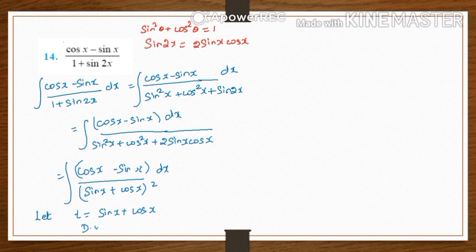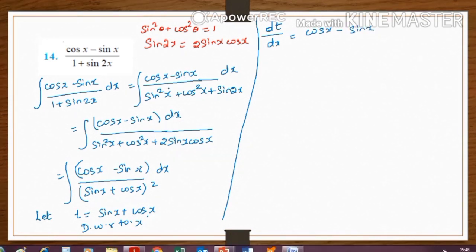Whenever we are taking a substitution, we have to differentiate. So differentiate with respect to x. So dt divided by dx is equal to the differentiation of sin x, which is cos x, plus the differentiation of cos x, which is minus sin x. So now from this I need the value of dx.